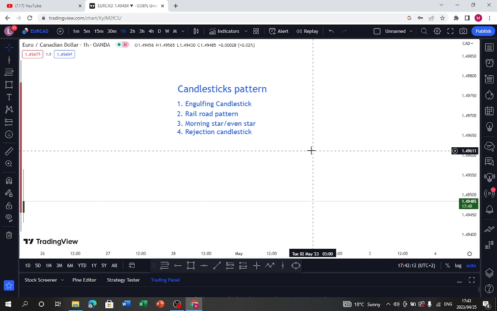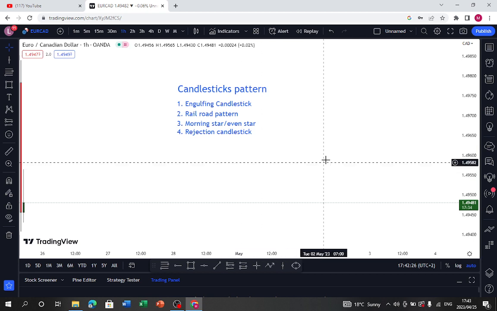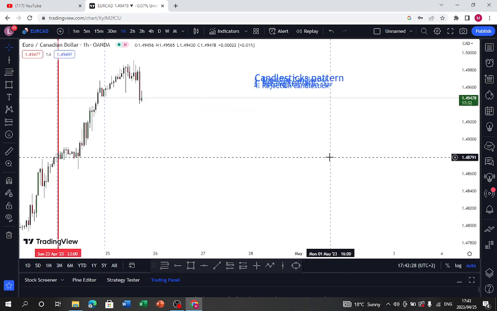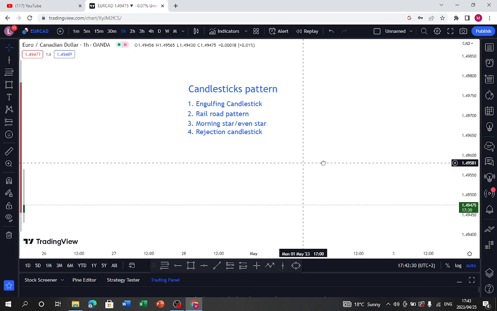When we are selling, we're gonna look for a bearish candlestick at a resistance or supply zone, which is gonna reject. We're gonna see all these examples. Firstly, let's start with a bearish engulfing.